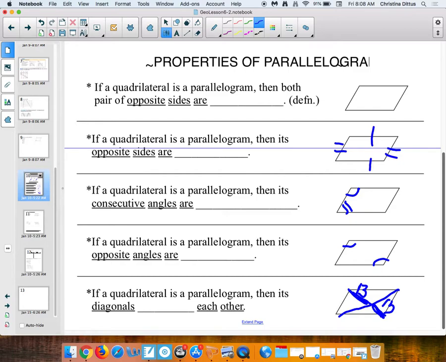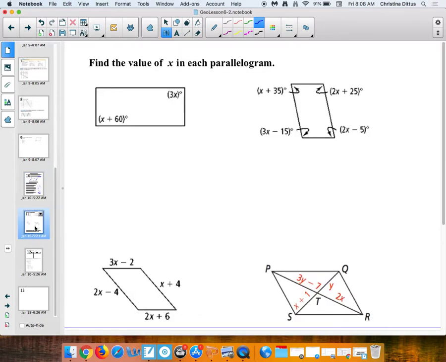Alright, moving on to the stuff you have. We got lots of X's. True story, I don't need to use all of them. I just have to use some. What do we know about our angles in parallelograms? What's equal? Opposites.